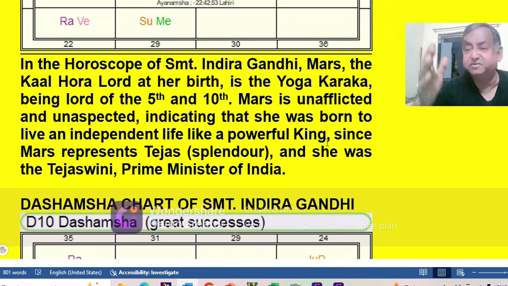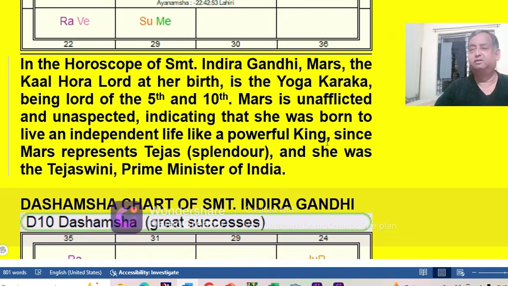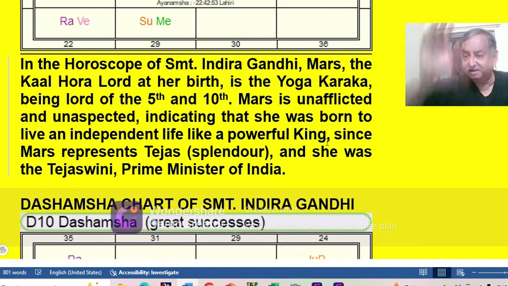Those who have seen her face to face, they know her glow, the divine glow which was within her, on her face. Divine glow. Tejashini. You would not be able to speak to her by looking at her eyes. You have to bend your head down.